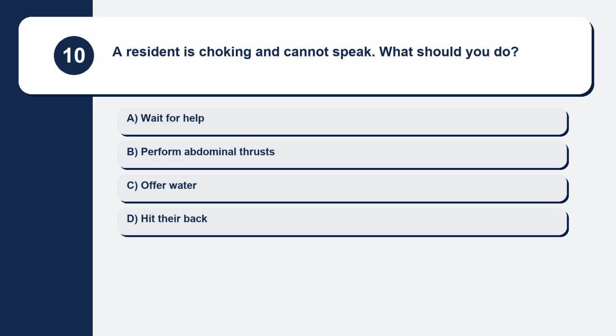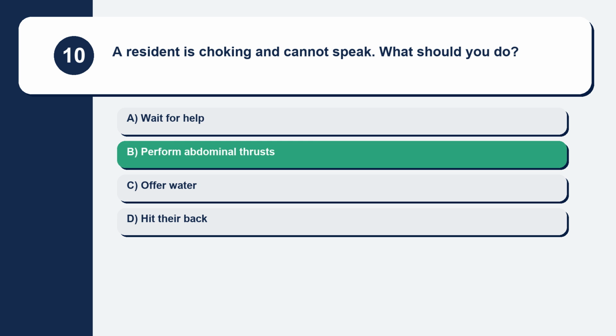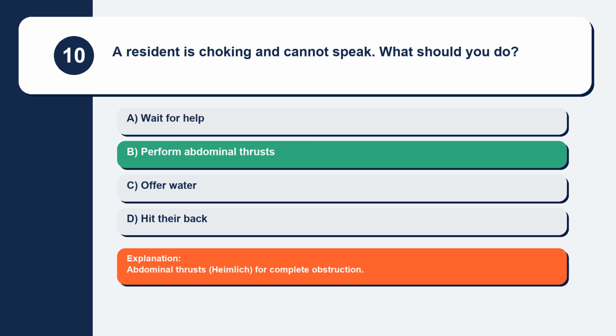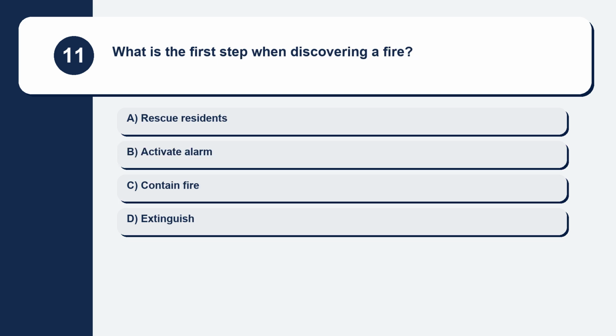Question 10. A resident is choking and cannot speak. What should you do? Wait for help, perform abdominal thrusts, offer water, hit their back. Abdominal thrusts, the Heimlich, for complete obstruction. Question 11. What is the first step when discovering a fire?